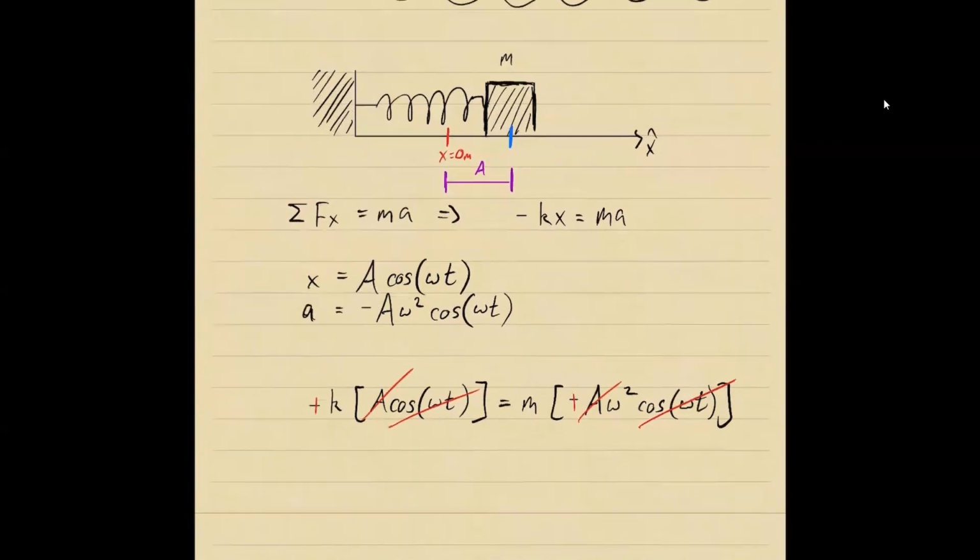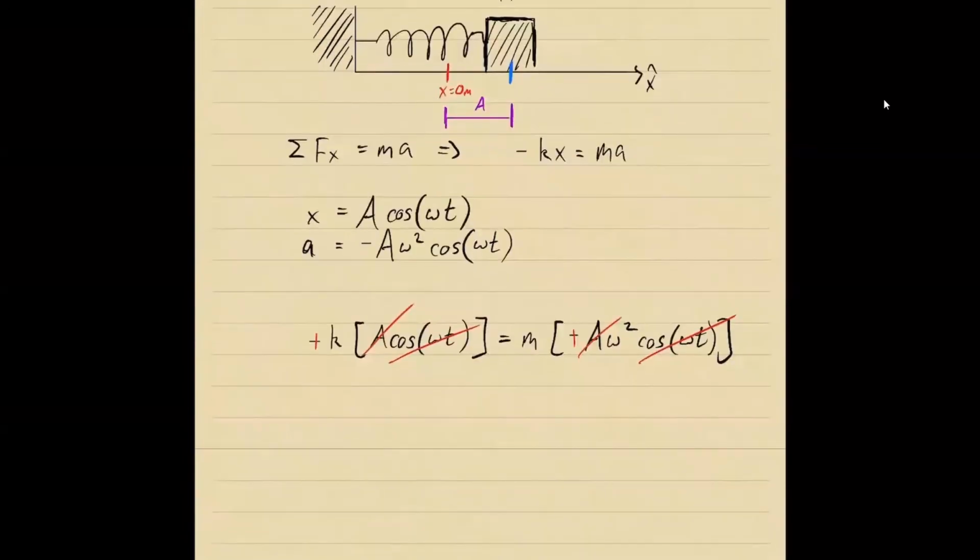And then we're left with, on the left-hand side, k, the spring constant for our spring. And on the right-hand side, we have m omega squared. So this is saying that if we know the mass of our object and the angular frequency of the object, then we can derive the spring constant.